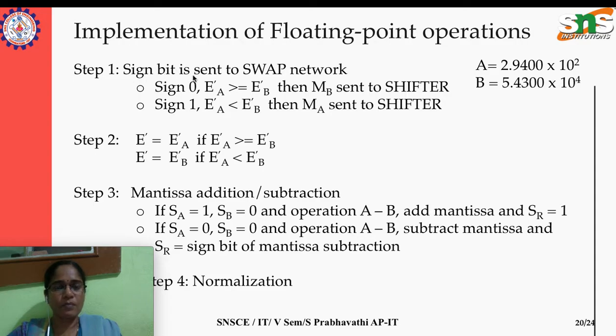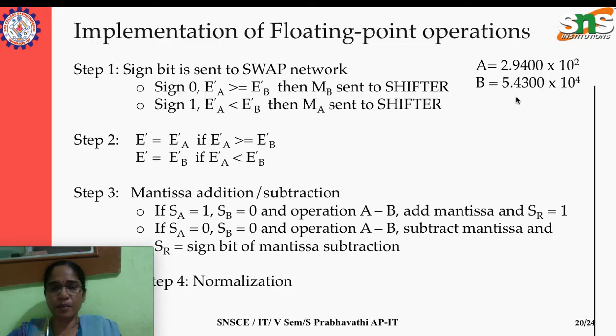Okay, so for the sign bit there are 4 steps. The first step is the sign bit is sent to the swap network. Consider this example A and B. The sign bit is 0 when E' of A is greater than E' of B. So in this example, which one has sign bit 1?